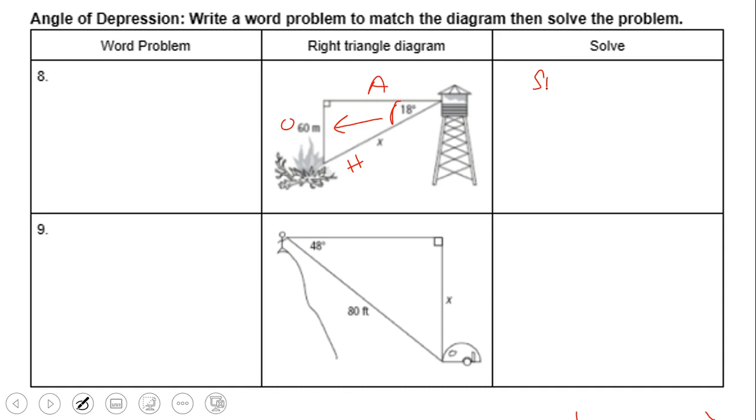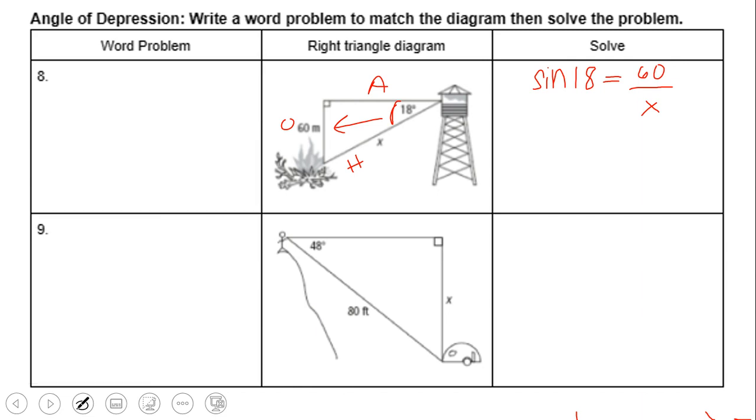So I know that I'm going to use sine of my angle, that's 18 degrees, is equal to O, 60, over my hypotenuse, which is x. And it looks like the goal is to solve for x.